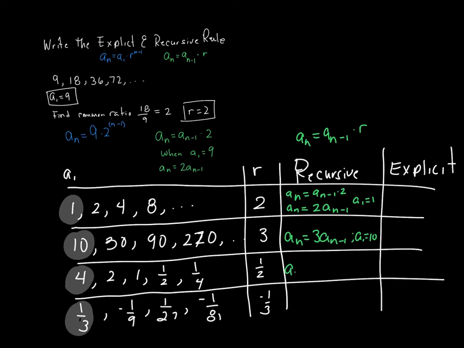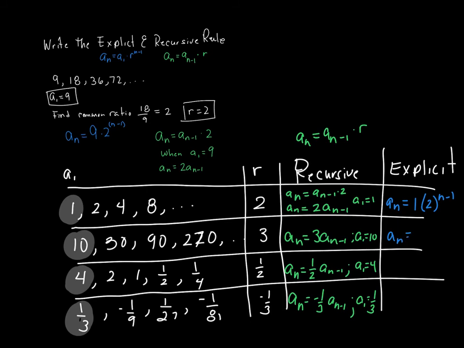The next one, a_n is equal to my ratio, which is 1/2, times the previous term, a_(n-1), when a_1 is equal to 4. And the last one, a_n is equal to negative 1/3 times a_(n-1), the previous term, when a_1 is equal to 1/3. Now with the explicit rule, I just need to know that a_n is equal to the first term, which in this case is 1, times the ratio to the n minus 1 power.